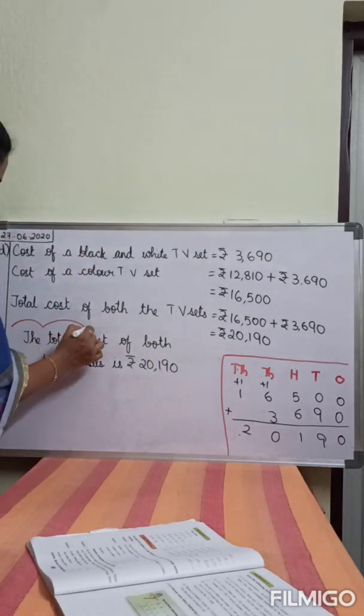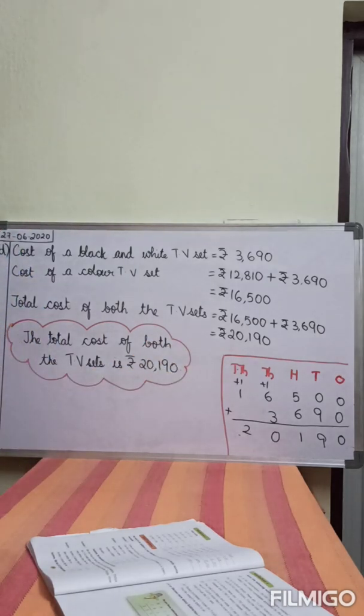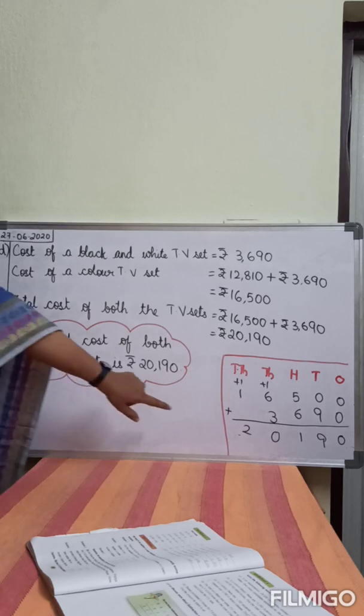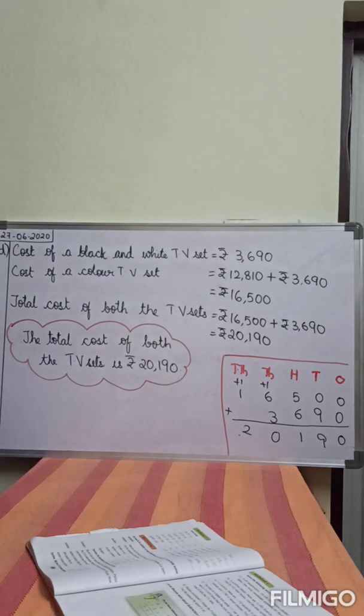This is how you will present your solution with statements in the classwork. You will do both the additions in the rough column or you can do it here, but you will show the addition with place values in the classwork wherever you want.